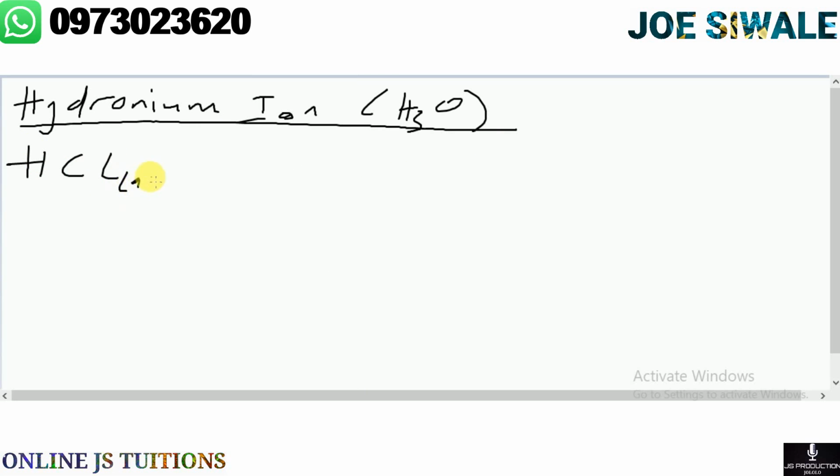So let us look at the example. I give the example of hydrochloric acid. It was in this form, aqueous. This will produce a positively charged hydrogen ion plus a negatively charged chloride ion.